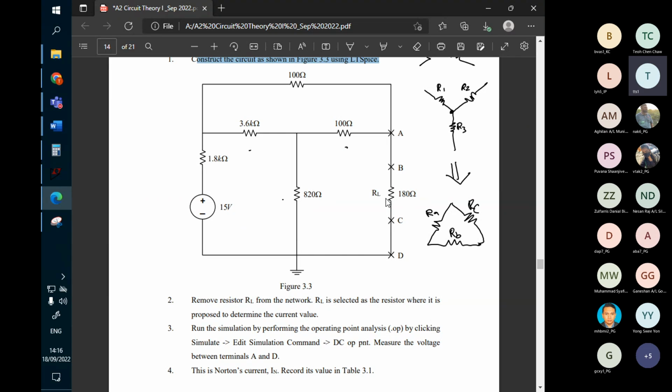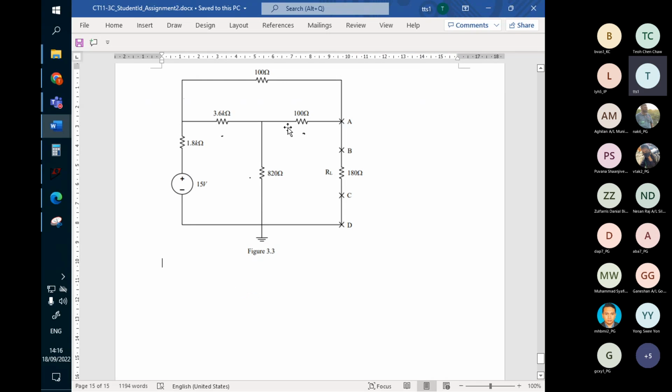Looks like we don't need the RL. We just construct 3 horizontal, 1 vertical. Hey, wait, one more here. 1, 2, 3, 4, 5.